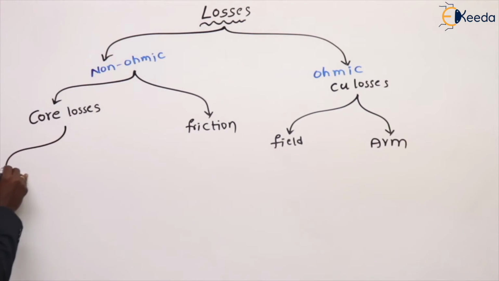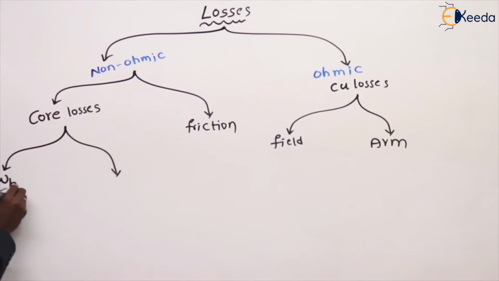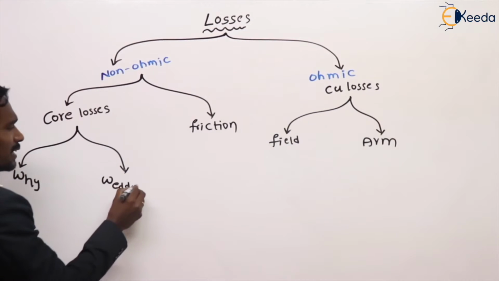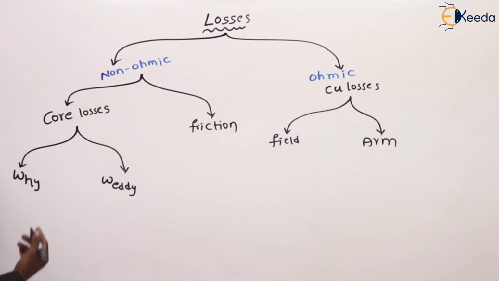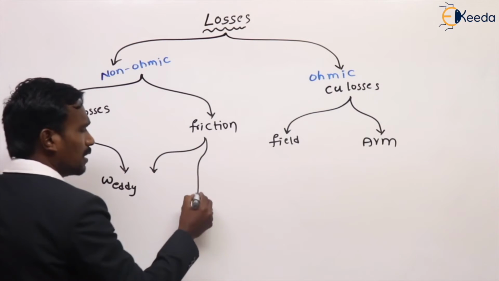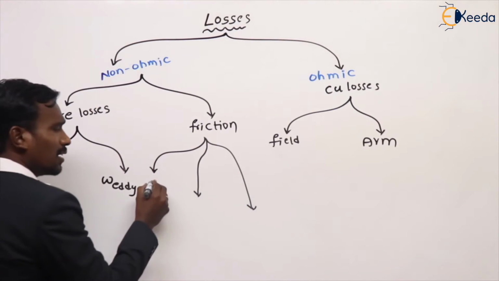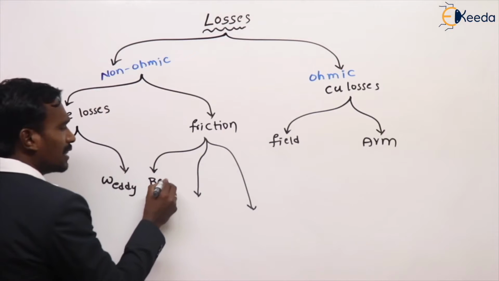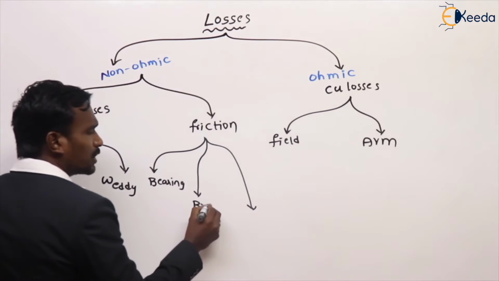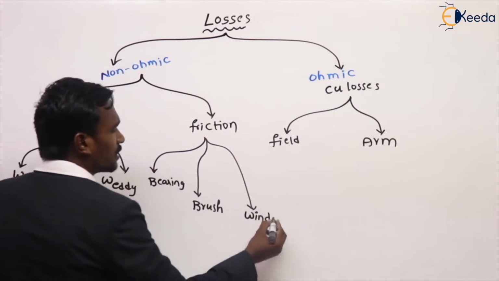Core losses are two types: hysteresis losses and eddy current losses. We know that clearly. Frictional losses are three types: bearing frictional losses, brush frictional losses, and wind frictional losses.